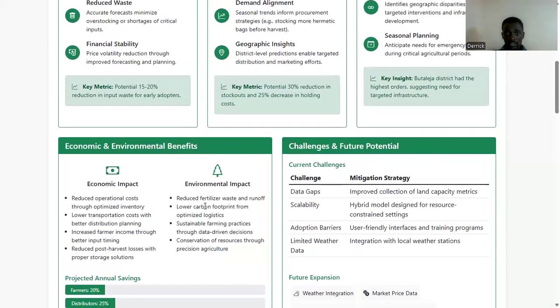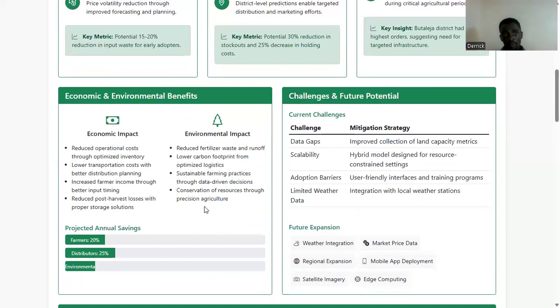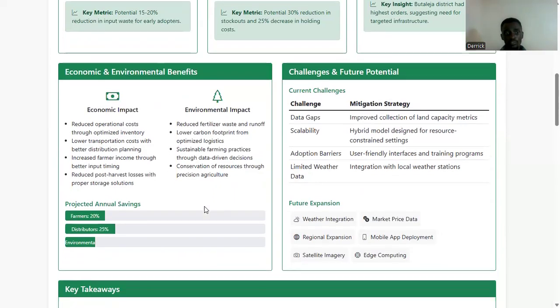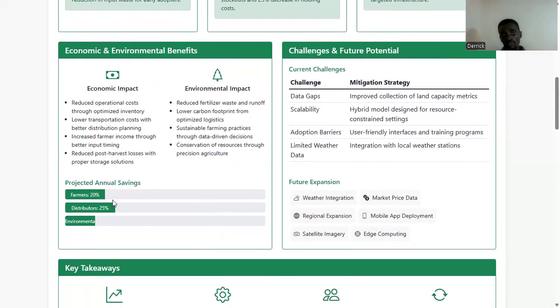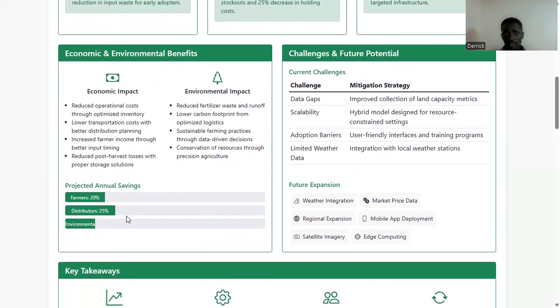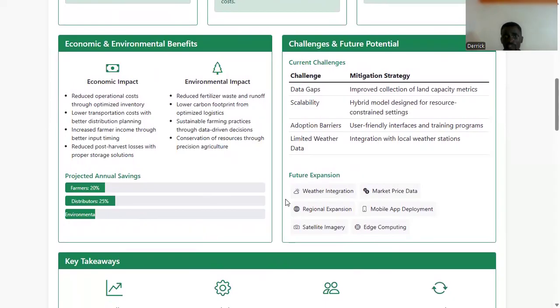And then the challenges, economic and environmental benefits, reduced operational costs, and fertilizer waste and runoff. So the projected annual savings, farmers save up to 20%, with distributors 25%, saving the environment. So the future expansion with the integration of market price data, regional expansion, mobile app deployment, satellite imagery, and then edge computing, that is implementing some IoT.